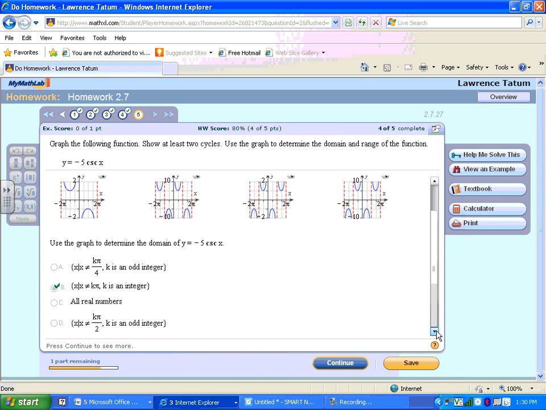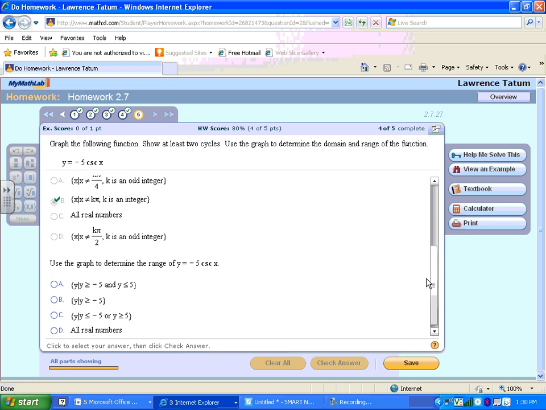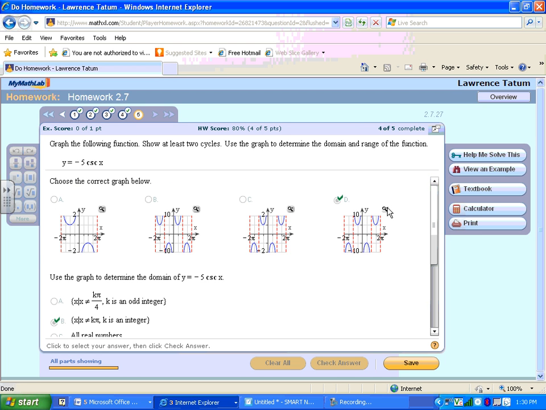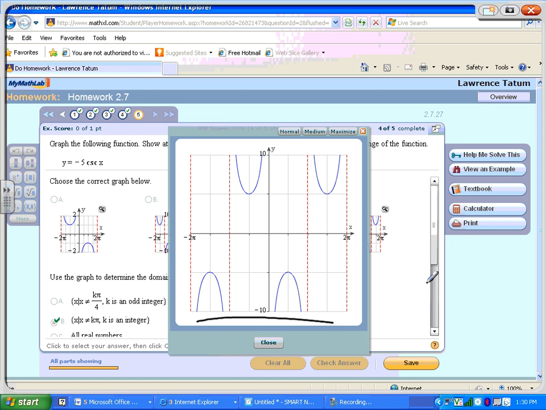Okay, now the next part, of course, it's going to ask me for the range. Now, here again, let's look at the graph. Okay, so let's picture the range with this. So you remember the range, what I'm going to do is go from the top to the bottom.